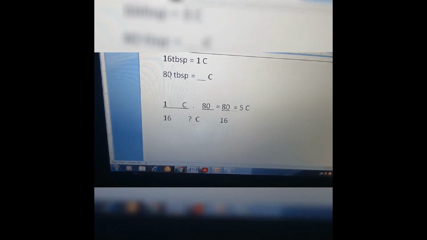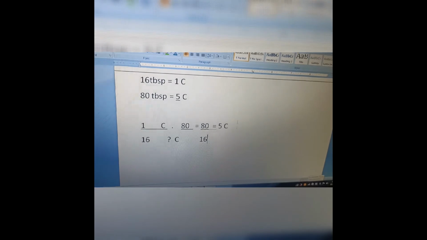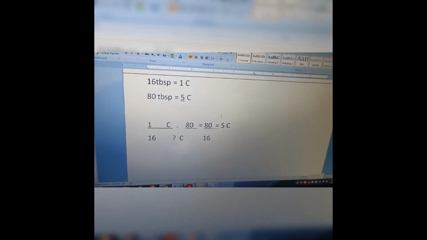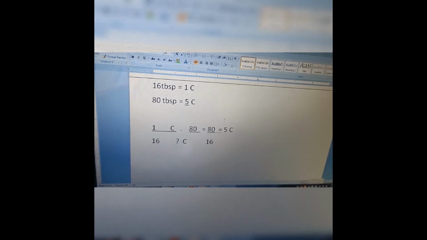Okay, so meaning 80 tablespoons is equivalent to 5 cups. All you have to do is just perform the operation present in your solution. Just like this one, it shows 80 will be divided by 16. So this is the answer, 5 cups. So for 80 tablespoons, there are 5 cups.